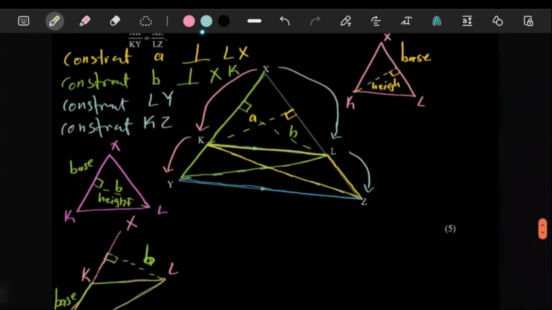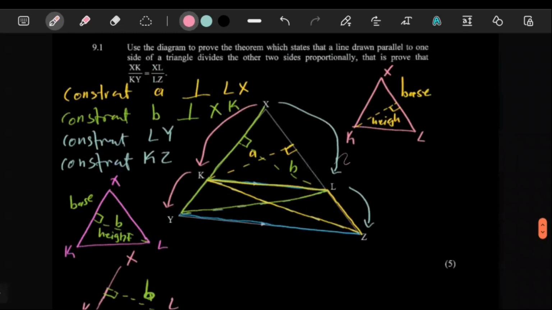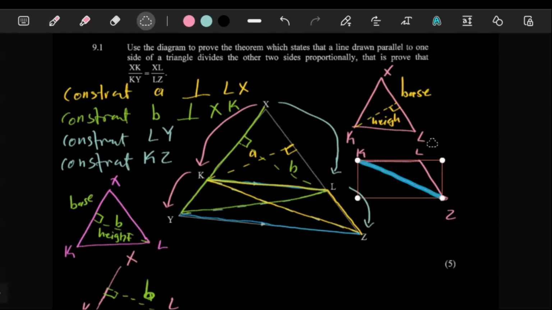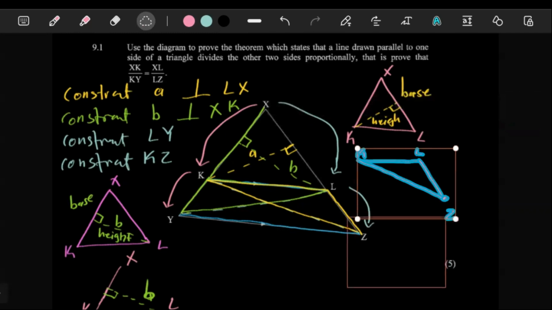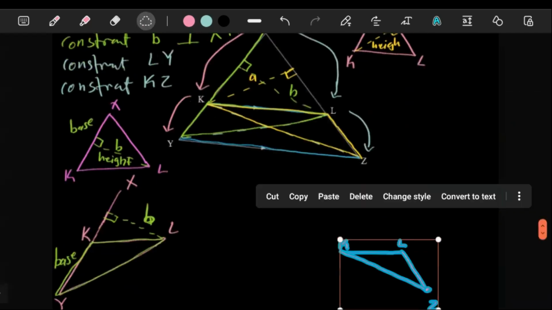For this shape, it's a similar idea. If you're looking at the pink, you're going to have KL again here, and then somewhere down here you have Z, and then you have this triangle. Let me move this down a bit lower, because this is important.